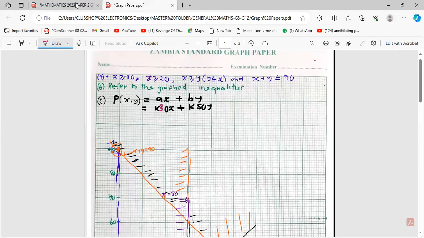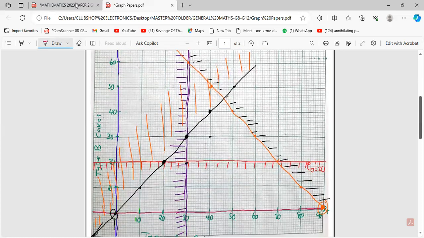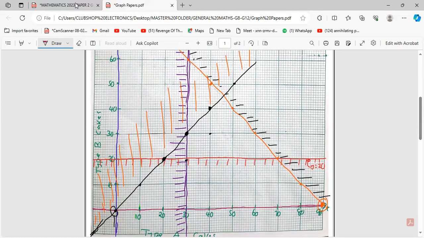So the only thing that you need to do now is to get the corner points. So you must get these corners here.